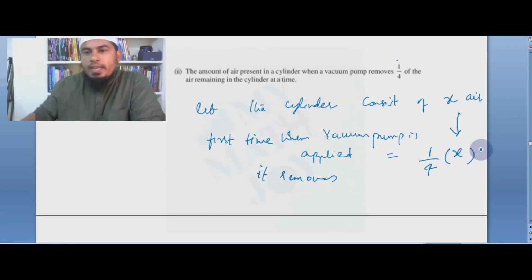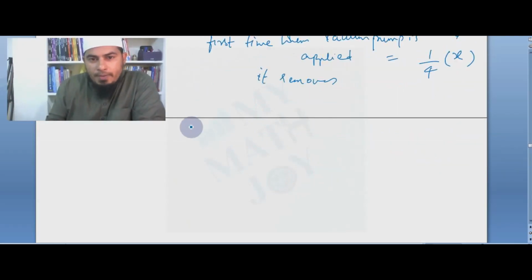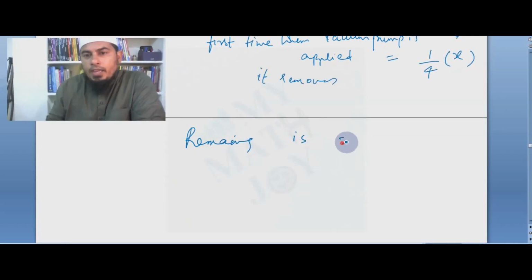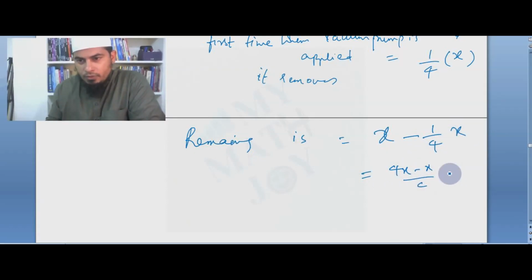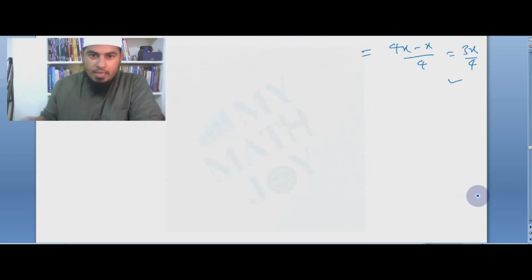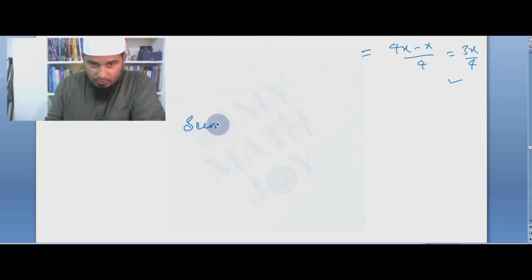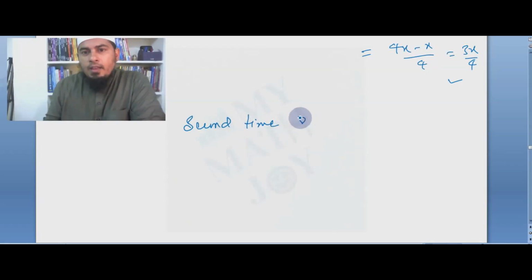The total gas is x, so 1/4 of it is x by 4. The remaining is the total minus the removed amount. So you will be left with x minus x by 4, that is 3x by 4 of gas remaining. Second time, when the vacuum pump is applied, what happens?